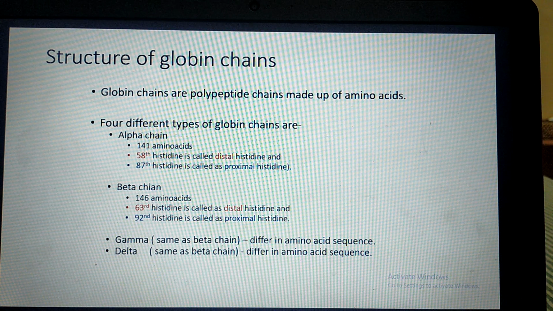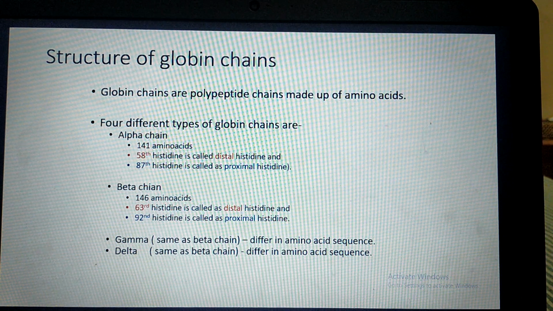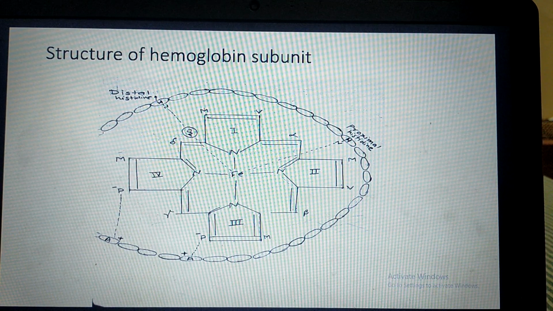What is different is that they have a different amino acid sequence as compared to beta chain. Therefore, they are named gamma and delta. So, this is the structure of one hemoglobin subunit. Now, how do this heme and globin combine?